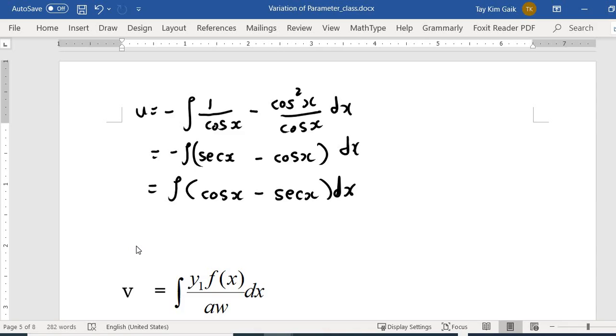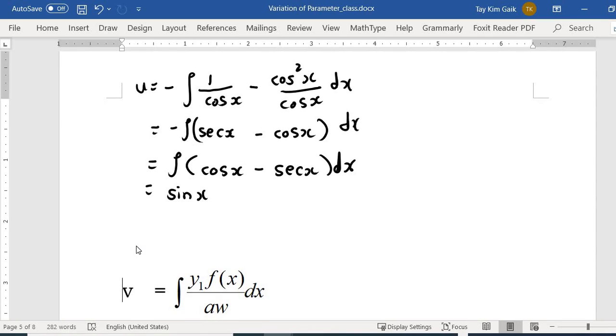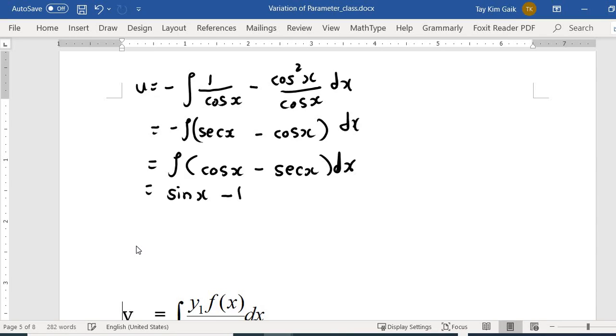Integrating cos, I think you have no problem. Integrate cos, you get positive sin x. Then you may have difficulty integrating secant. The result for the integration of secant is ln of secant x plus tangent x plus c.